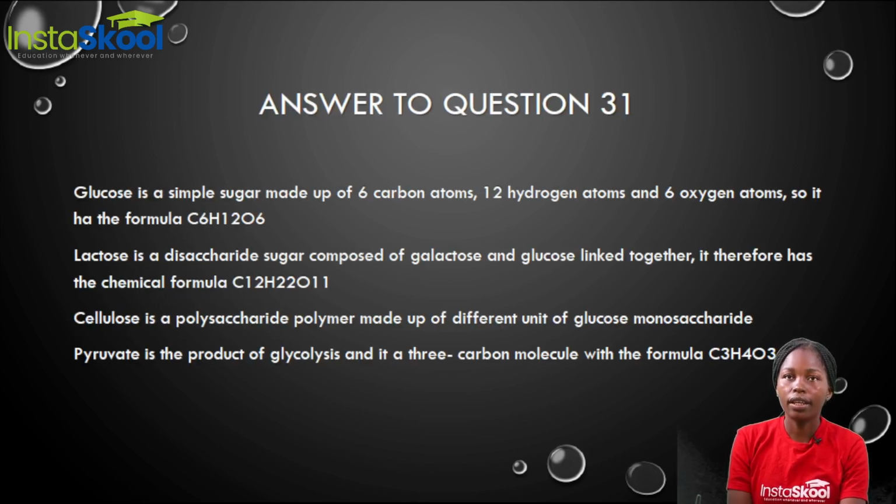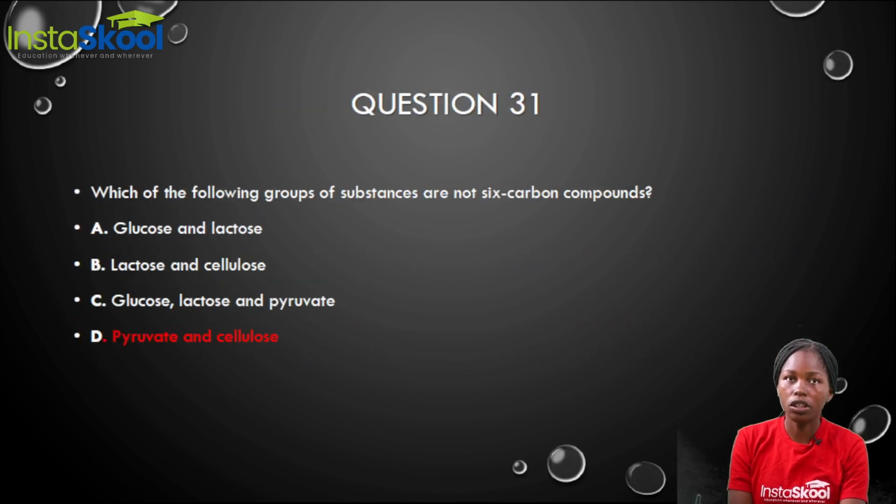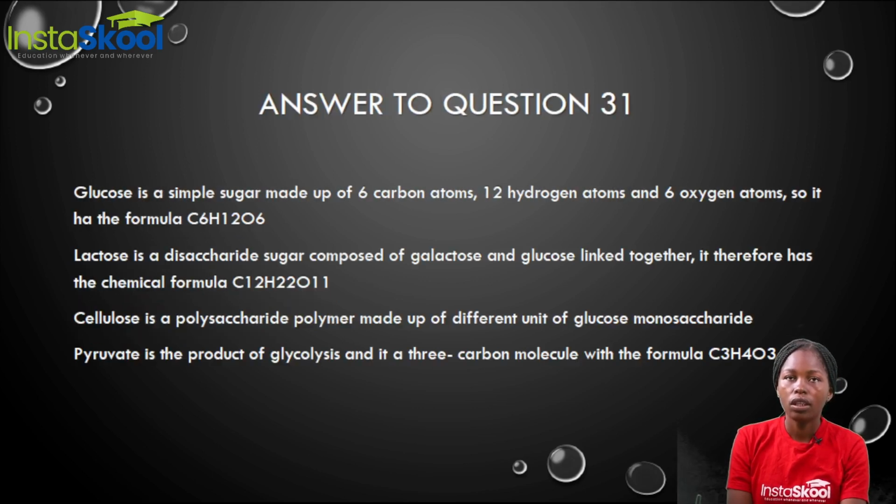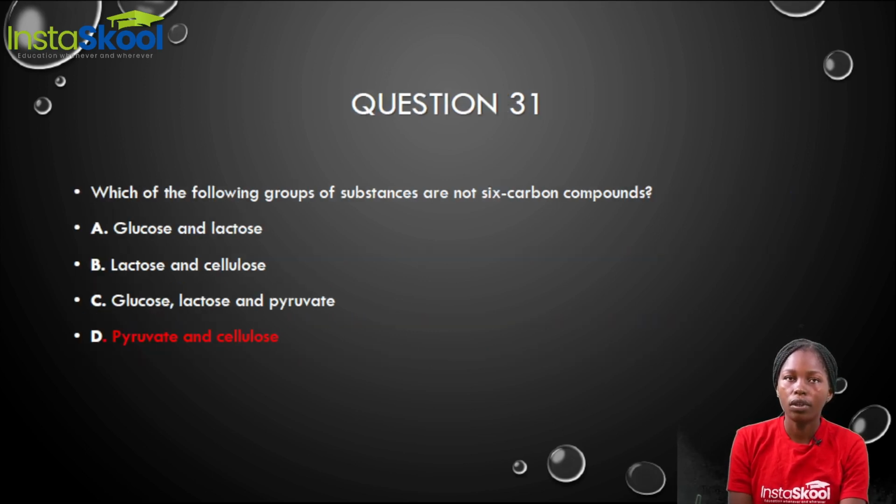That is 3 carbon atoms, 4 hydrogen atoms, and 3 oxygen atoms. Now, if we look at all our options, we see that cellulose and pyruvate are the ones that do not have 6 carbon atoms. Therefore, our answer is option D. Pyruvate and cellulose are substances that are not 6-carbon compounds.